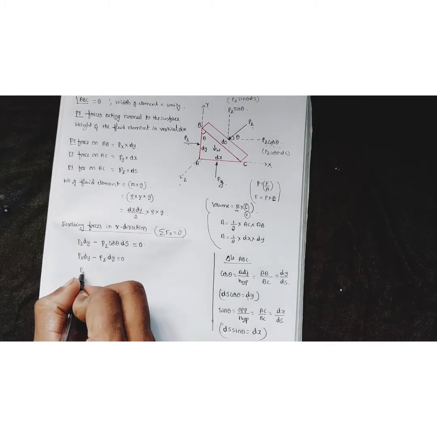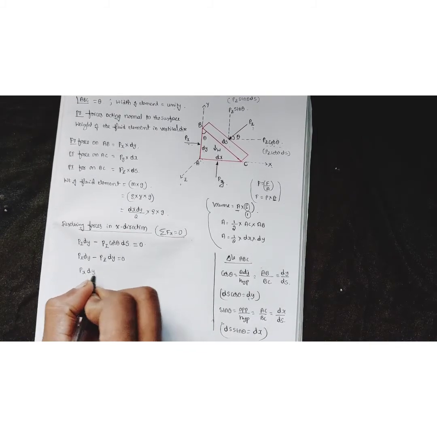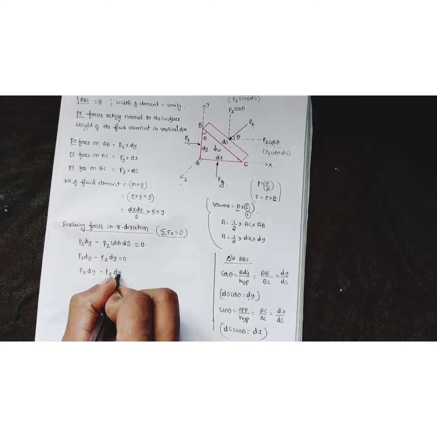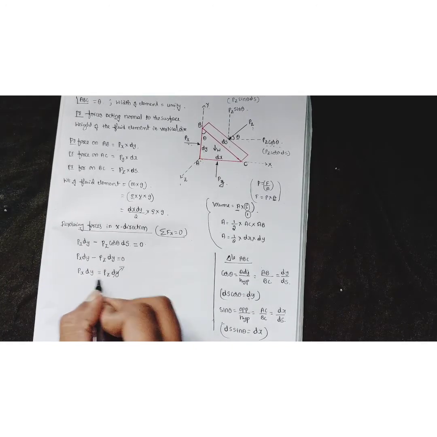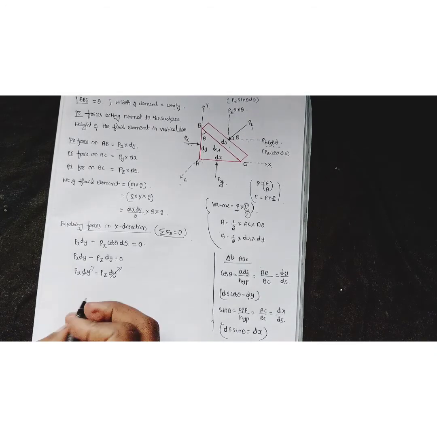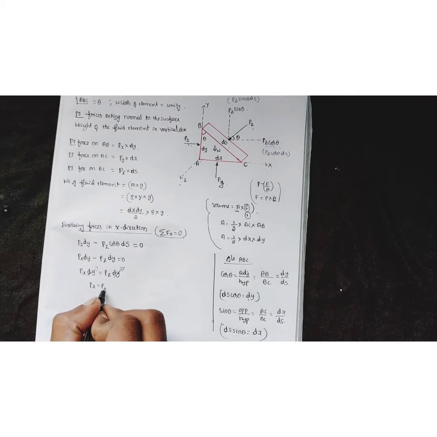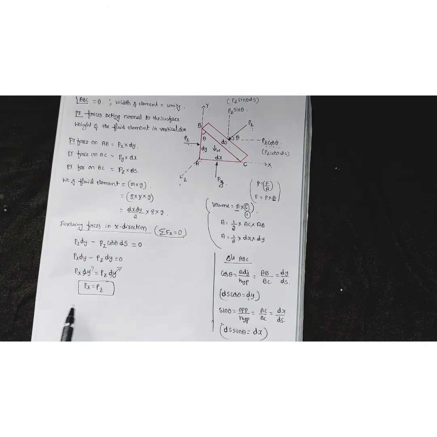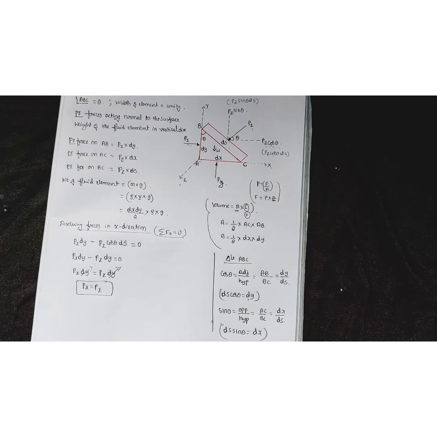Taking it to the other side, Px dy equals Pz dy. Nullifying dy on both sides, we are left with Px equal to Pz. This says the intensity of the pressure in the x direction is equal to the intensity of the pressure in the z direction. This we have proved.